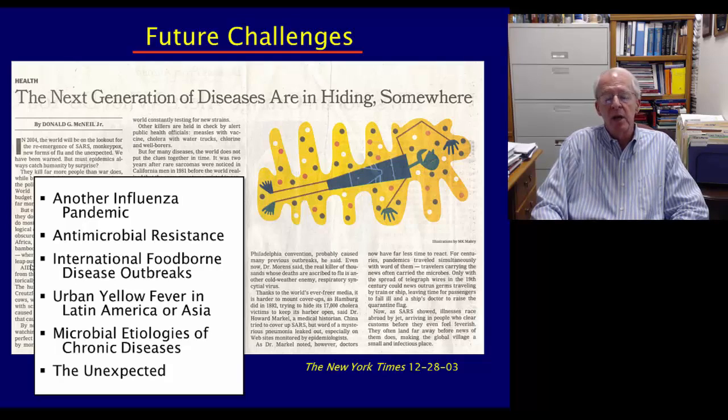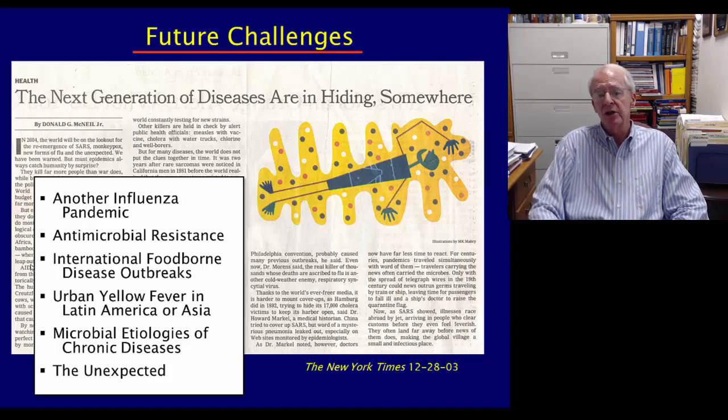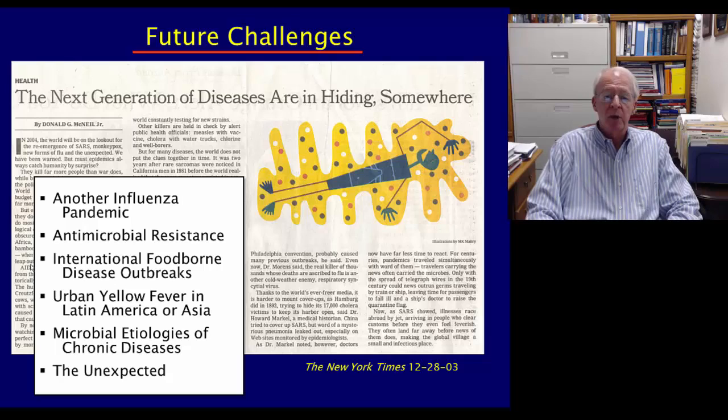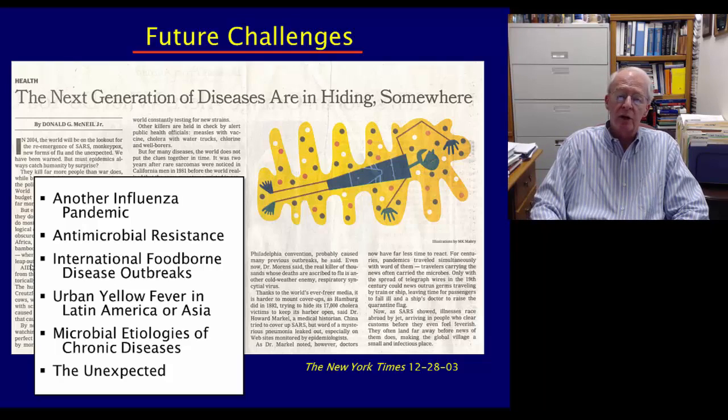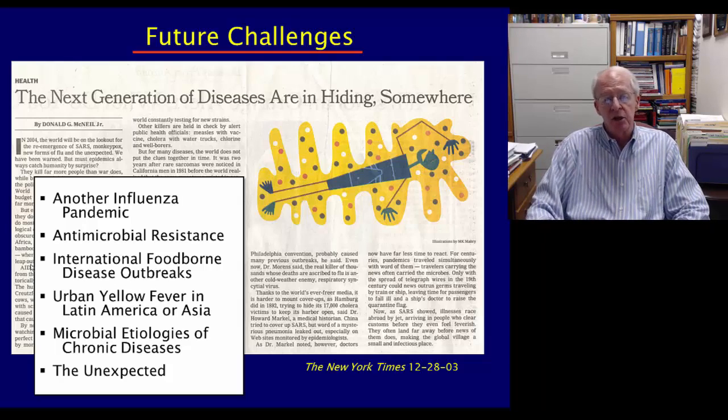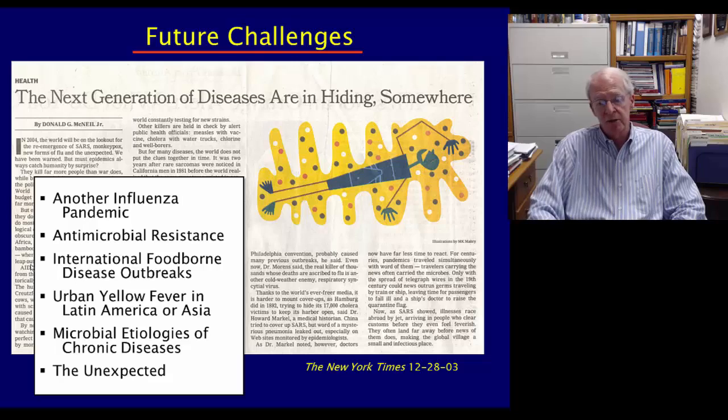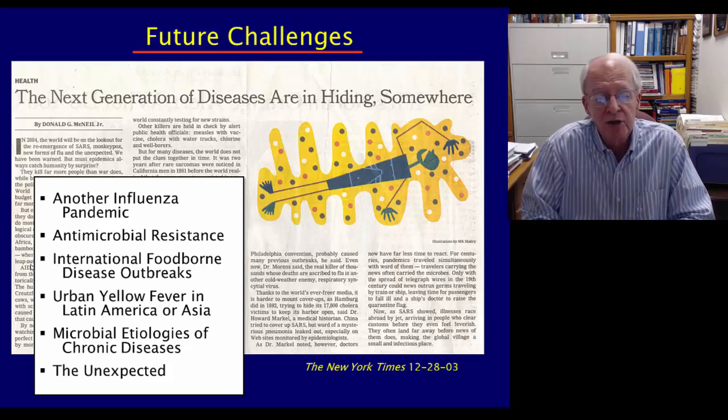That day will come. More and more challenges associated with antimicrobial resistance, international foodborne disease outbreaks, the ever-present threat of the reemergence of urban yellow fever in Latin America, or the potential for the spread of urban yellow fever to other parts of the world, for example, Asia, where competent vectors exist, but unfortunately the virus is not present.